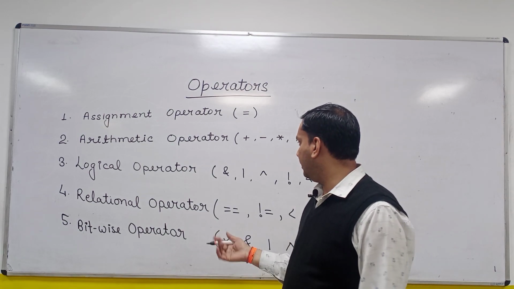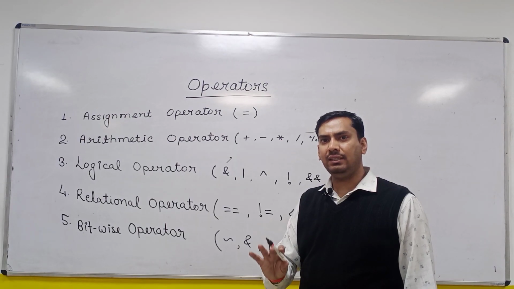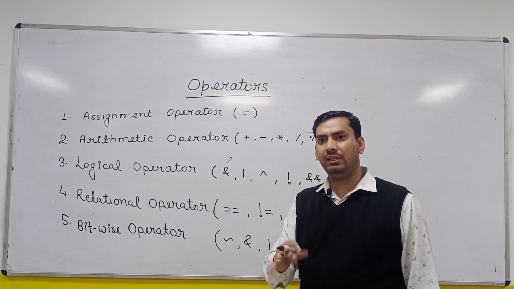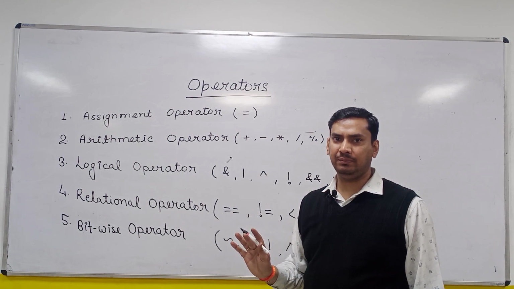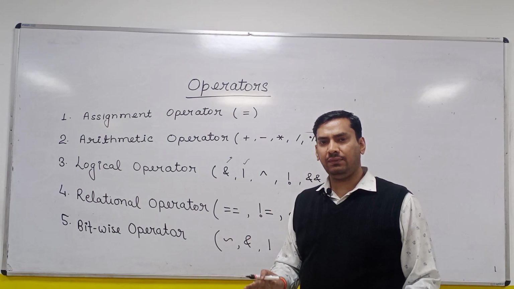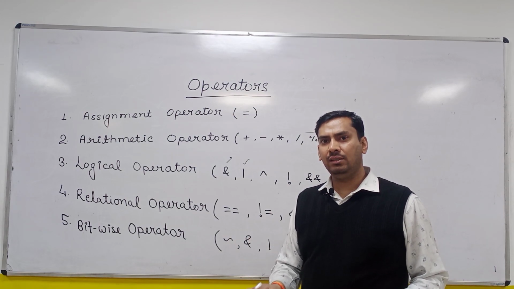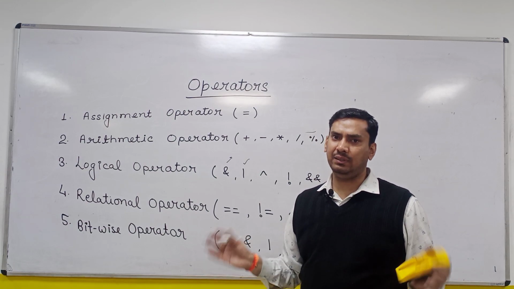The AND operator's result will be true only when both the operands are true, otherwise the result will be false. Similarly, the OR operator says if both the operands are false, then the result is false, otherwise the result will be true.